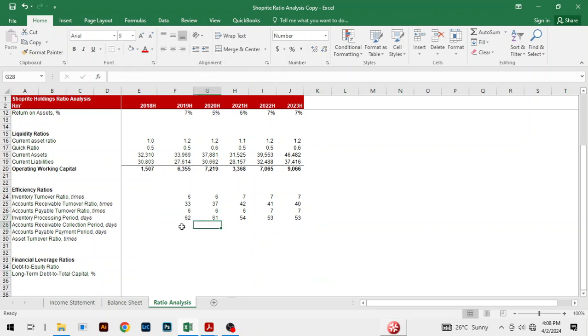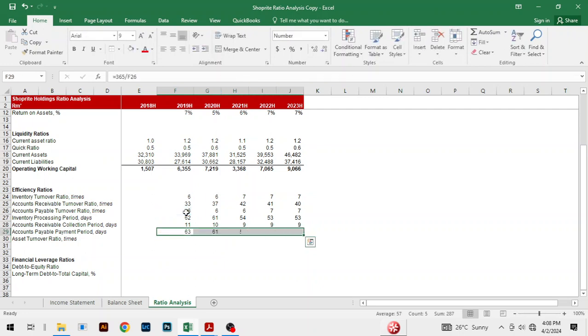Okay, so let's just proceed. Let's just use a simple formula here. So this divided by this. Okay, so we can see that they are now taking 9 days in 2023 to collect money from their customers. So let's just say 365 divided here.